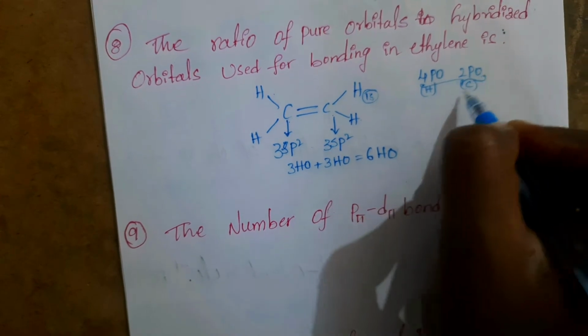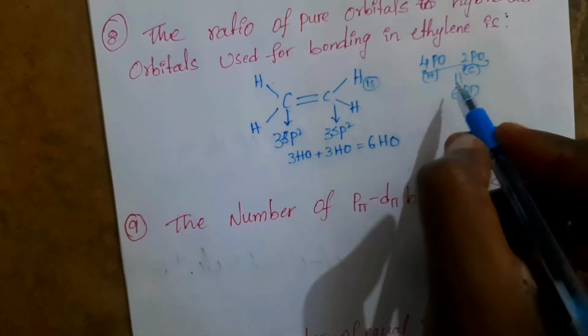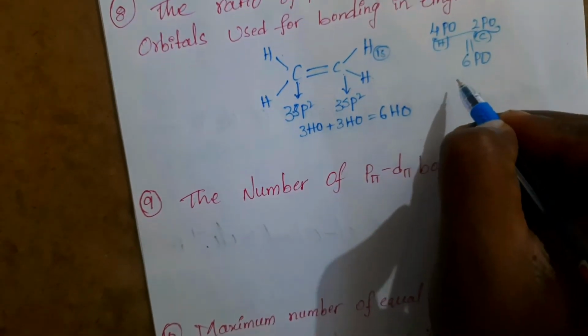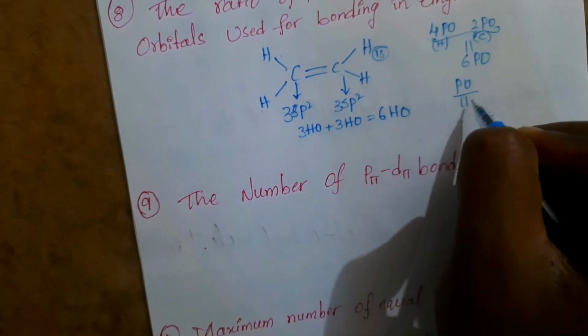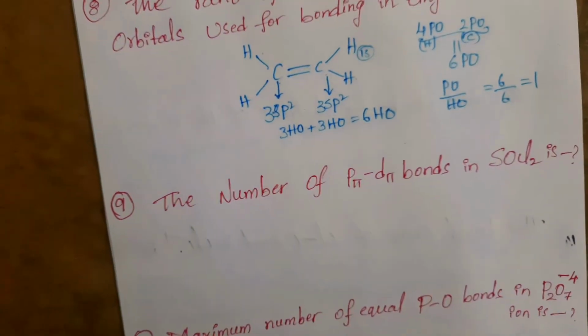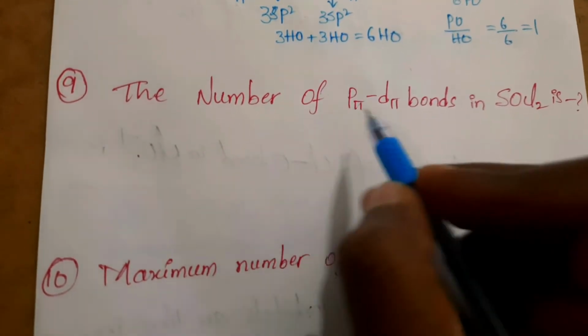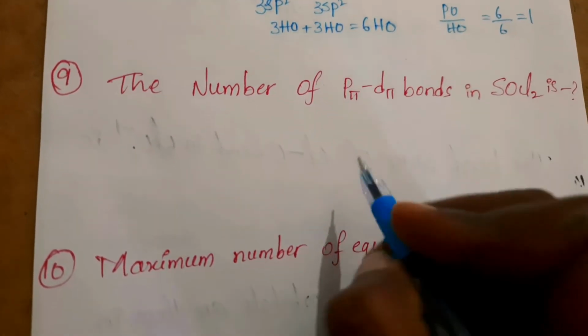So total pure orbitals will be how many? 6 pure orbitals. So the ratio of pure orbital to hybrid orbital they are asking, 6 by 6, that is nothing but 1. Is that clear?